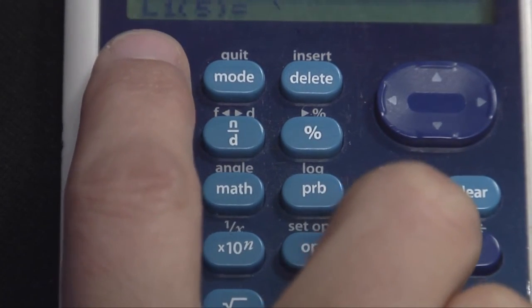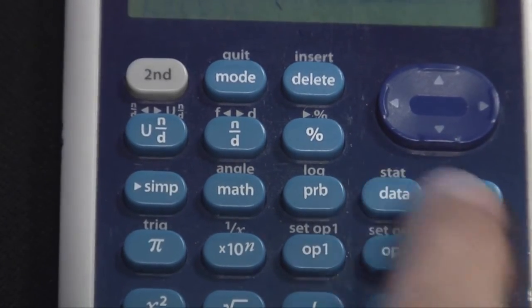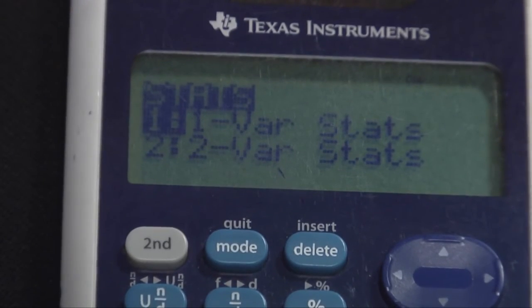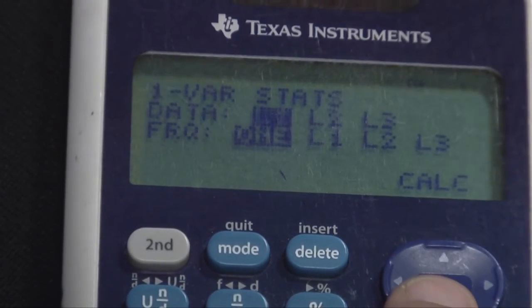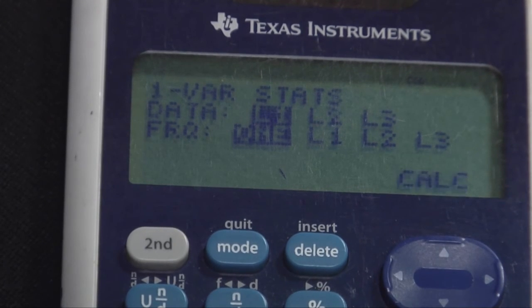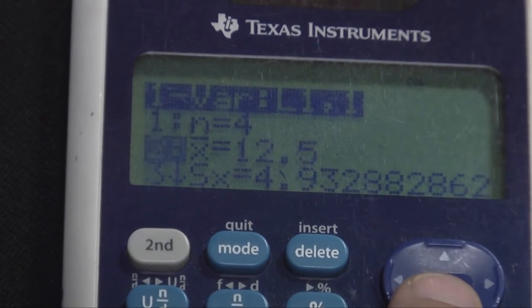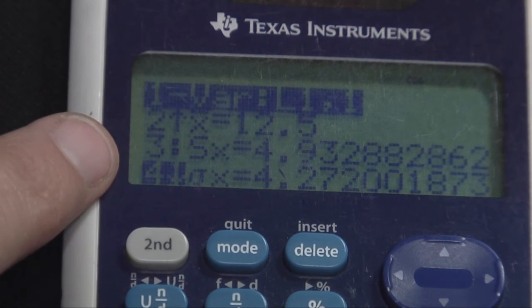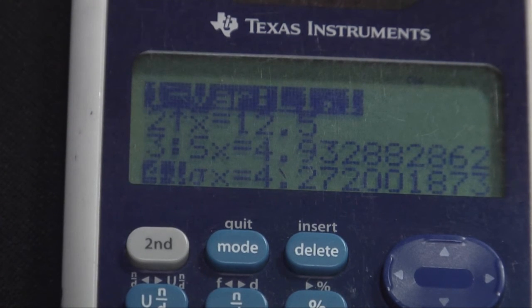Again, I can hit second and stat, using that data as is, but this time I'm going to scroll down to choice 4, sigma sub x, the Greek lowercase letter s with a subscript of x, meaning population standard deviation. I get the 4.272 number, which is smaller than the one above because population standard deviations are always smaller than sample standard deviations.